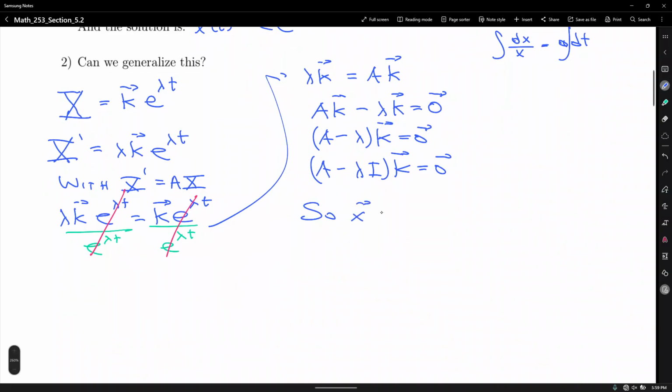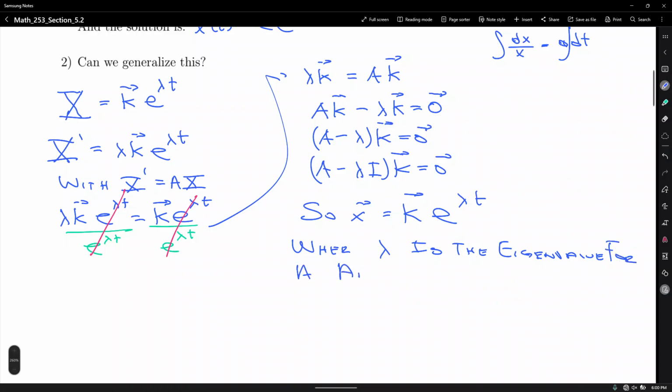So x equals k e to the lambda t right here, where lambda, you know what it is, right? Is the eigenvalue of A, and k, vector k, is the corresponding eigenvector.